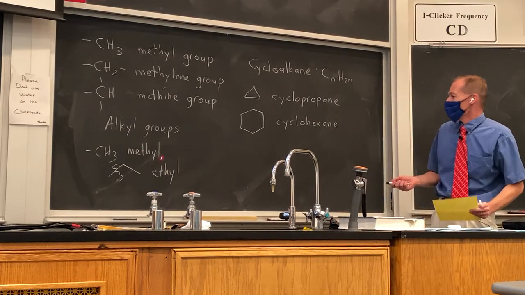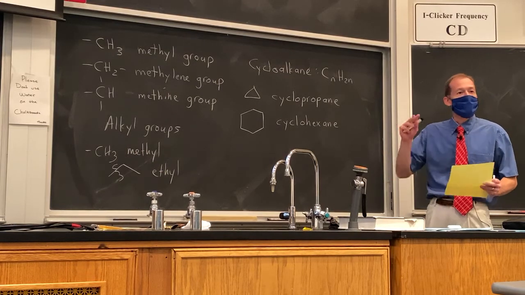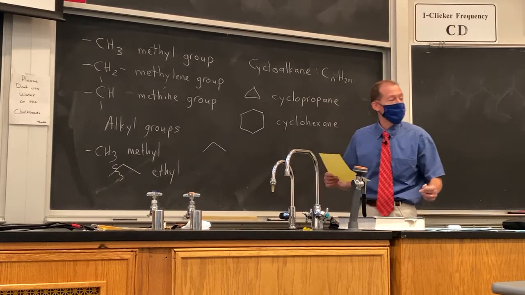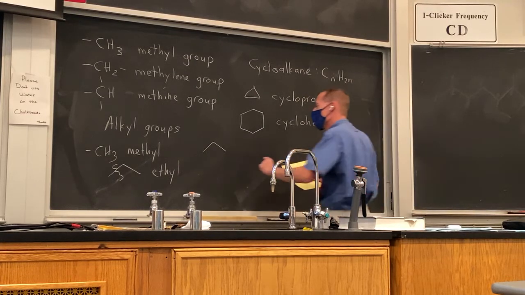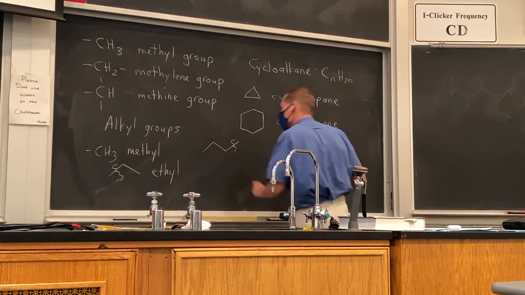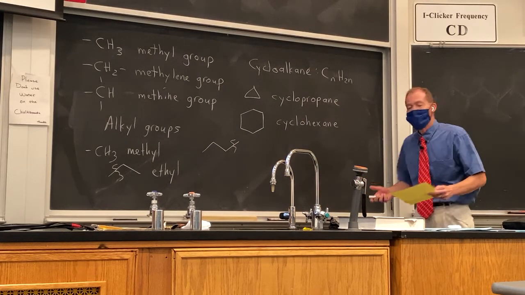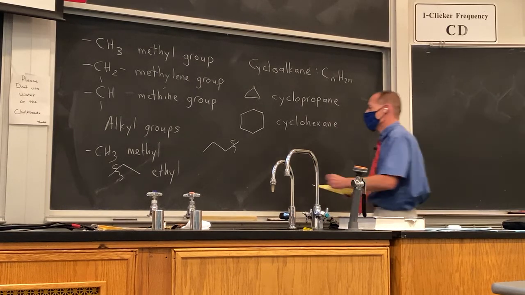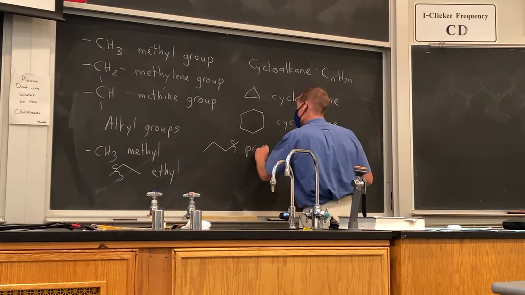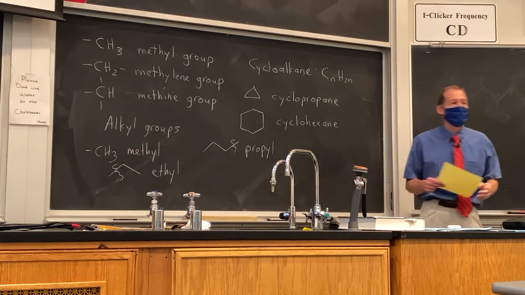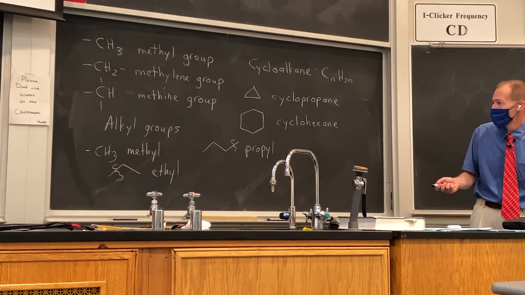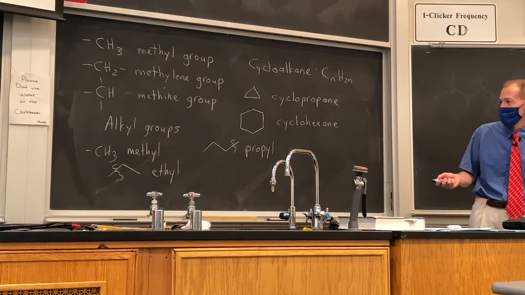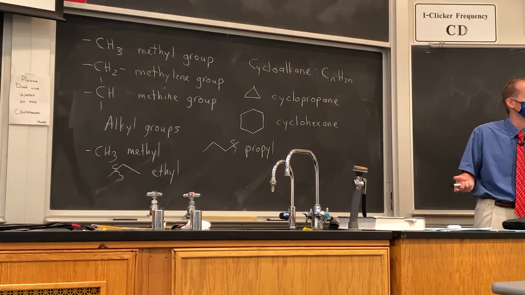So, all right, 3 carbons. If we take propane and we take off one of the hydrogens from a carbon at the end of propane and we attach it to something else, what would we get? What would we call this based on the pattern we've learned? That would be propyl. But the challenge we face with propane is that propane itself has 2 types of carbons. It has primary carbons on each end, and it has a secondary carbon in the middle.